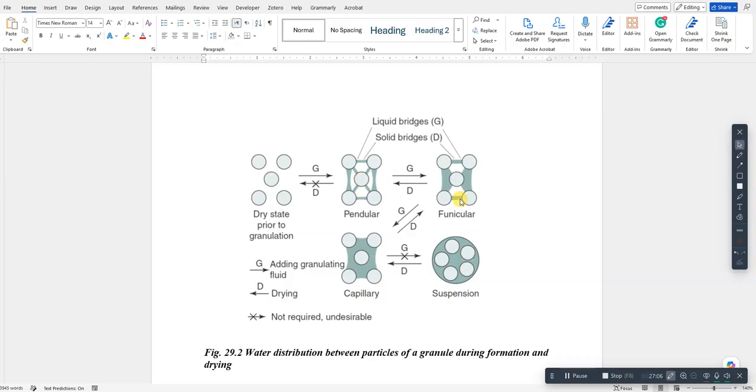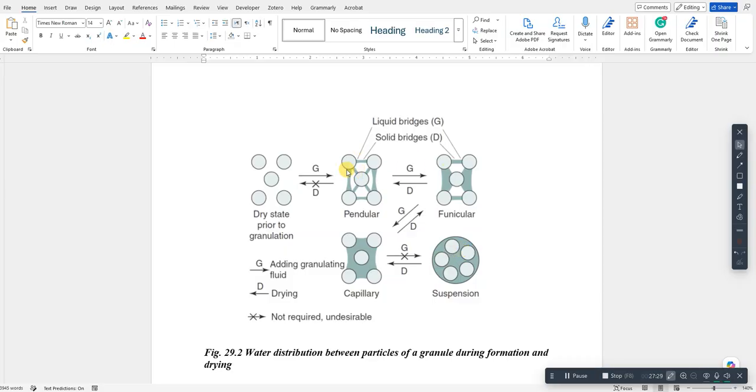So you have these three stages. In the capillary stage, you see there are no spaces between the particles, but the particles are not completely surrounded by liquid, such as in the suspension stage, which is only important in spray drying.